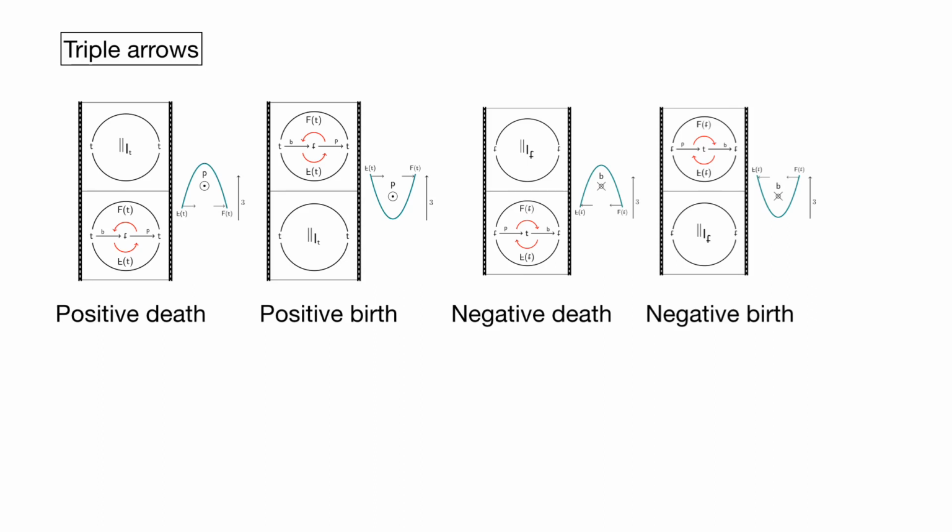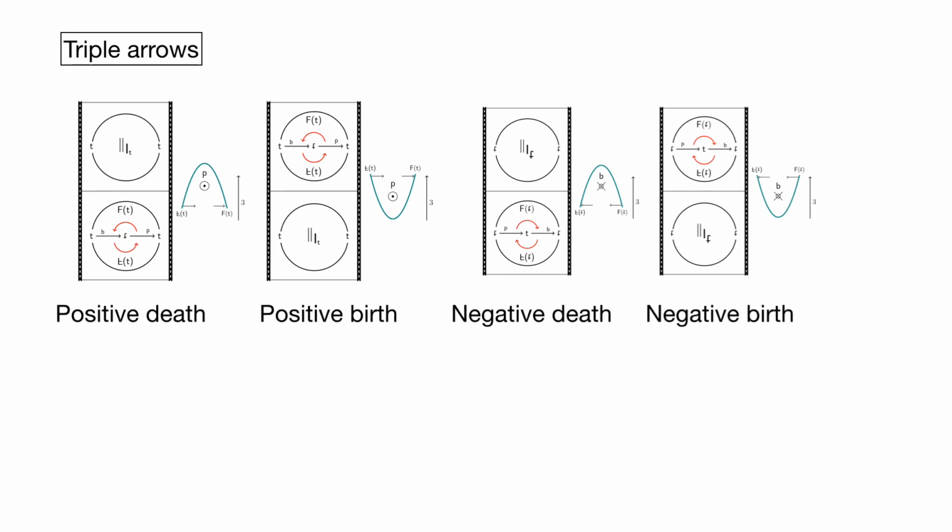Now, we can consider triple arrows. If we take the globular composition at the bottom left of the movie, that globular composition is composed along BP, and you see the source of that composition is the identity on T. The target is the identity on T. And so we should be able to compare that composition to the identity on T. One comparison would be going from the globular composition to the identity, and that would be called a positive death.